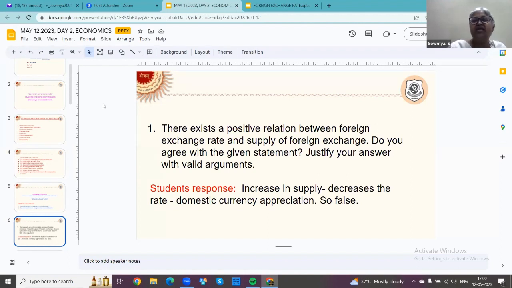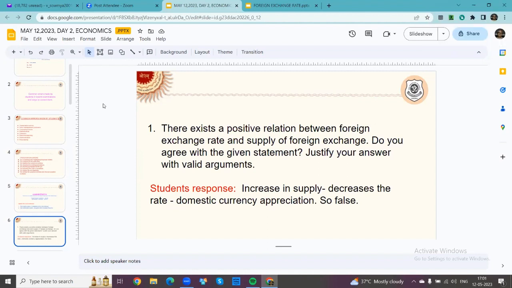Teachers, there exists a positive relation between foreign exchange rate and supply of foreign exchange, right? Do you agree with the given statement? With the curve, with the supply curve, they've got to explain this, isn't it? So how will they explain? They have written increase in supply.